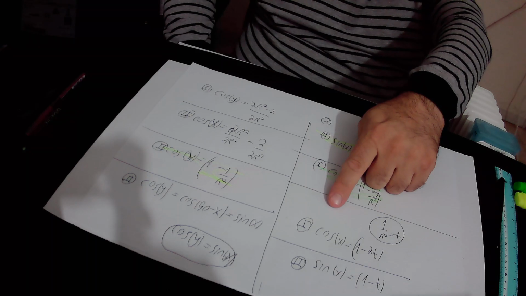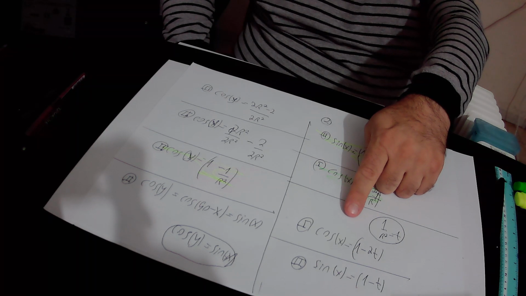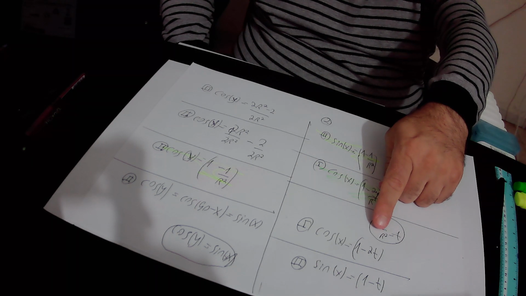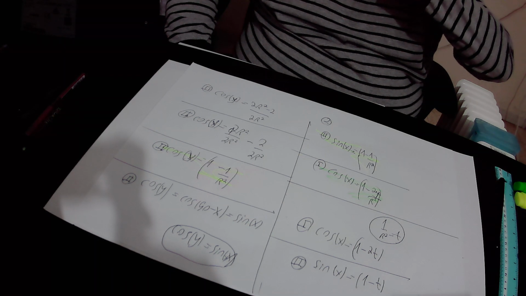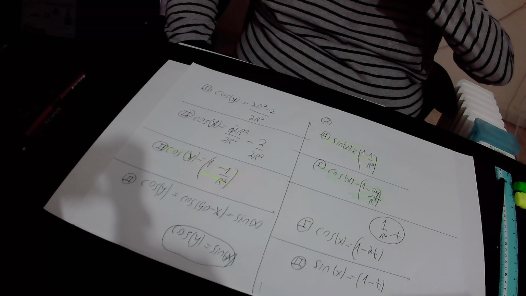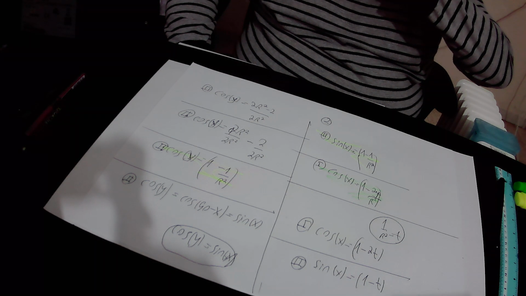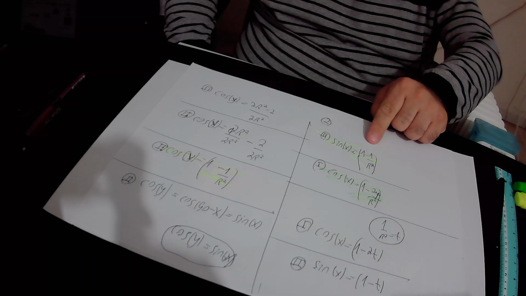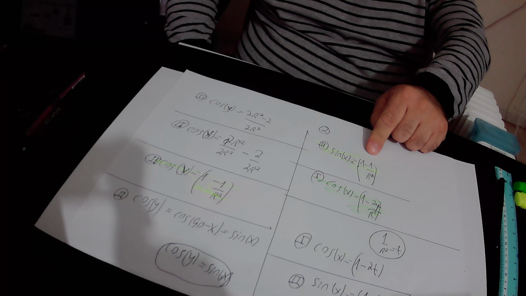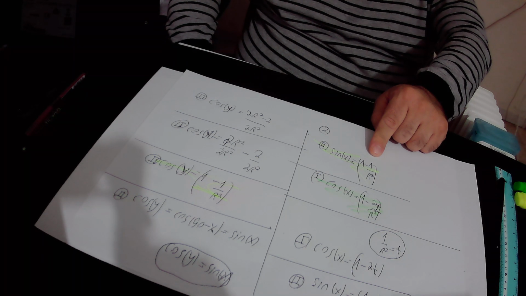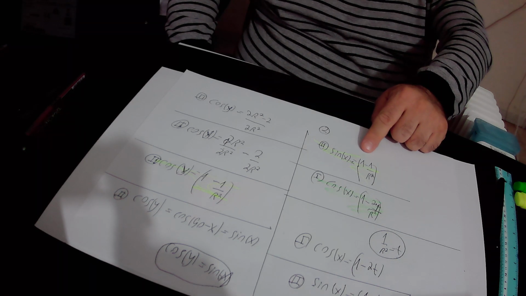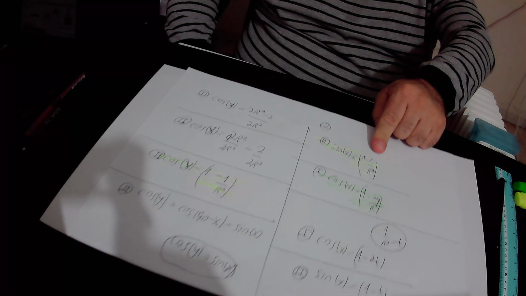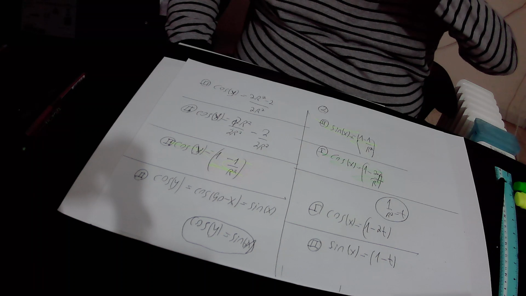In conclusion, according to equation number 1, cosine x equals 1 minus 2t, while according to equation number 2, sine x equals 1 minus 1 over r squared, and 1 over r squared is t. So sine x equals 1 minus t.